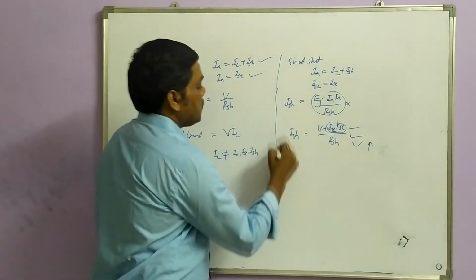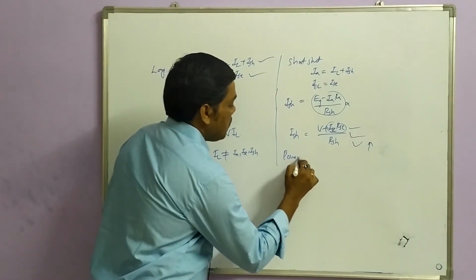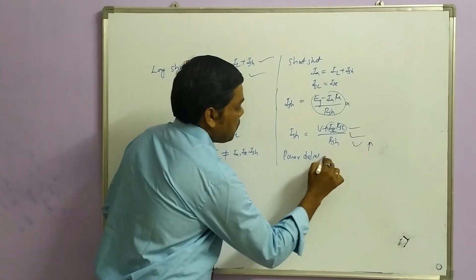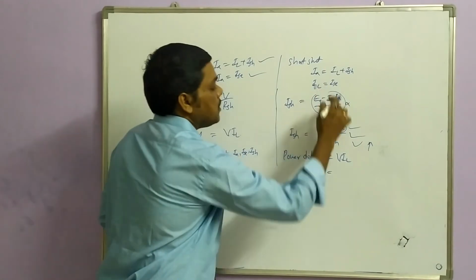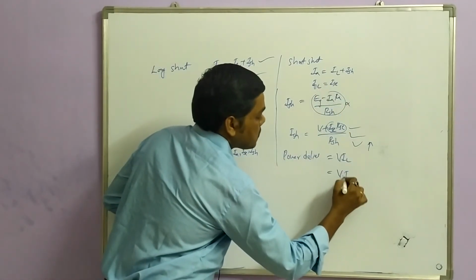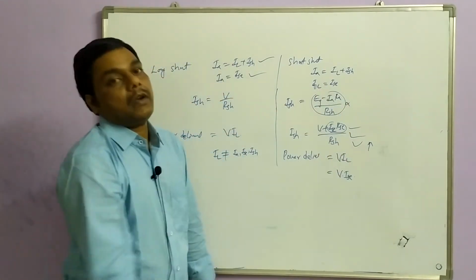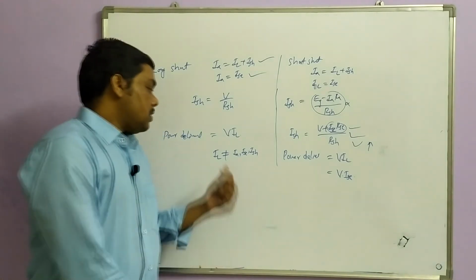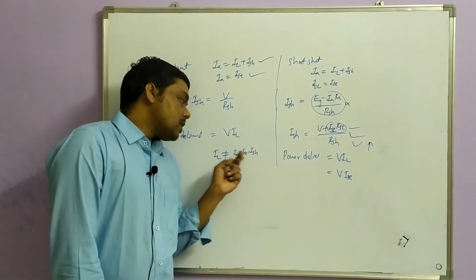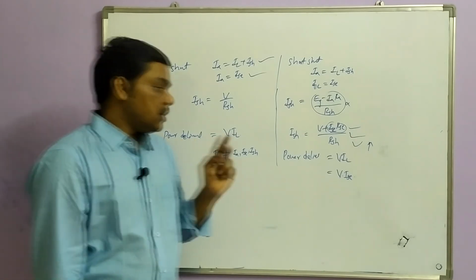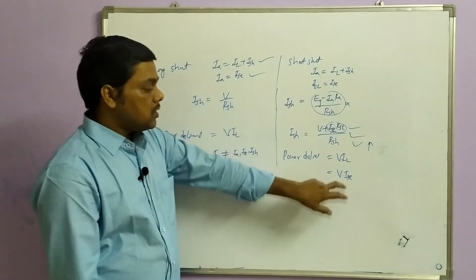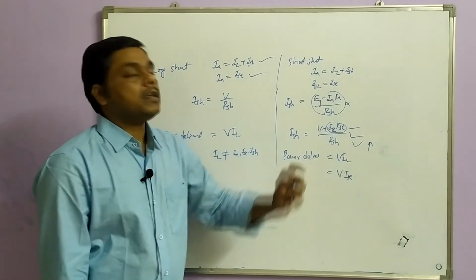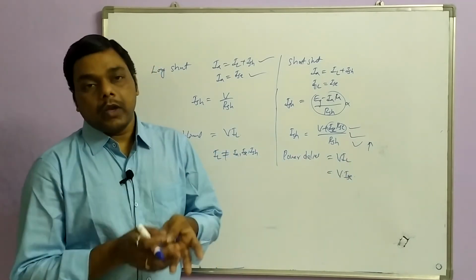But here power delivered is equal to V into IL, but IL is also same as series current. Now load current may not be same as any other current, but here load current and series current both are same. So series winding has the capability to carry the load currents.